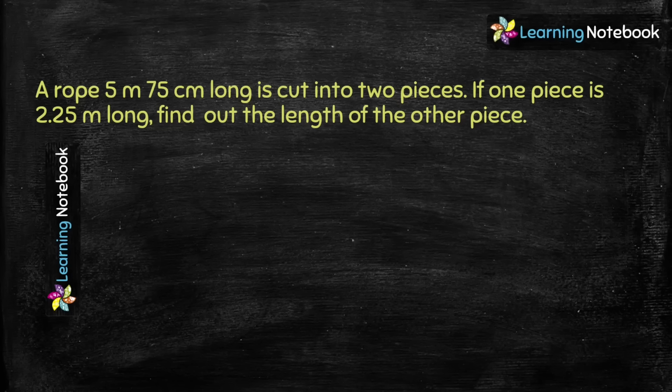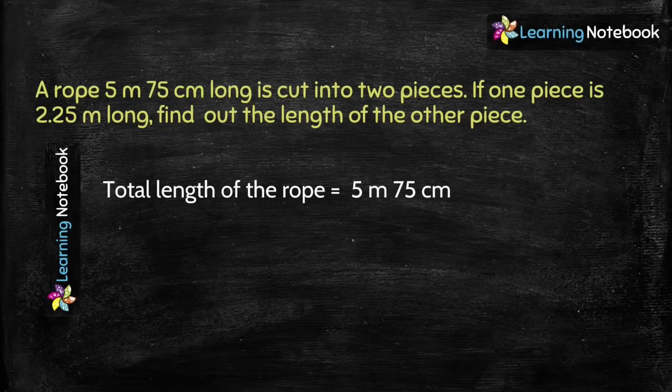So here we are given with the length of a rope and then it is cut into 2 pieces. We are also given with the length of one piece and we have to find the length of the second piece.